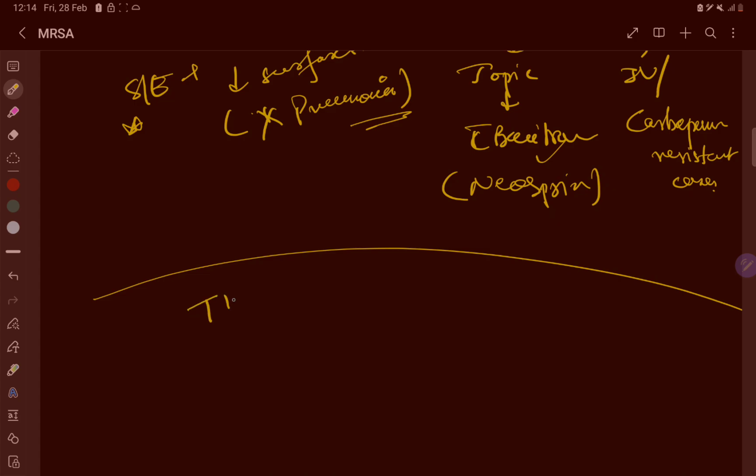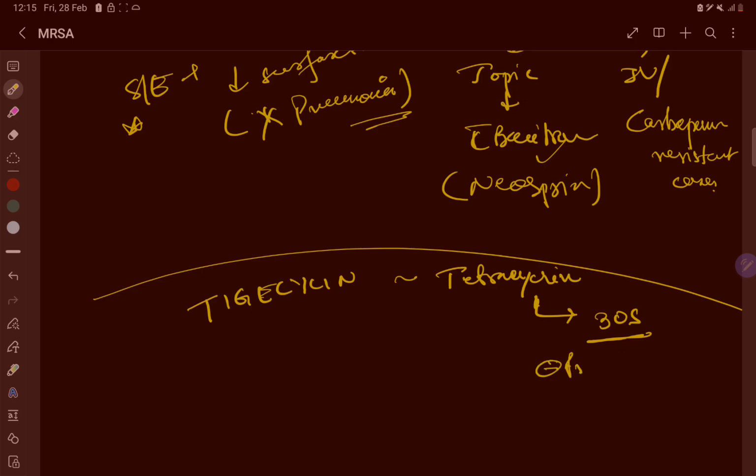Here we are going to discuss tigecycline also. It's just like tetracycline but different. Tetracycline and tigecycline both have the same mechanism of action, blocking the 30S subunit of ribosome, inhibiting protein synthesis. Okay, tetracycline has 3 groups.